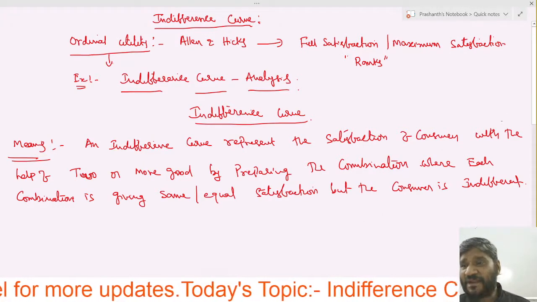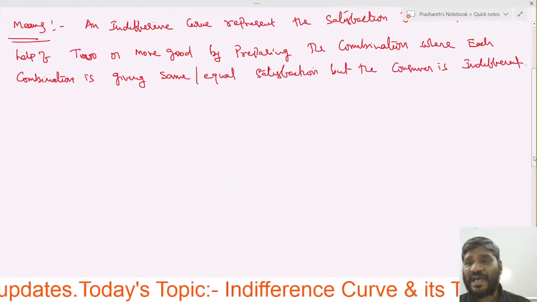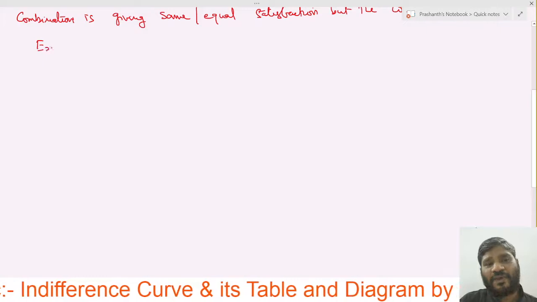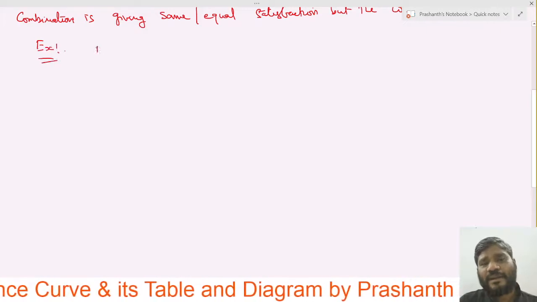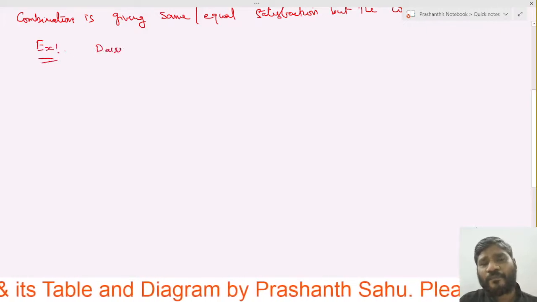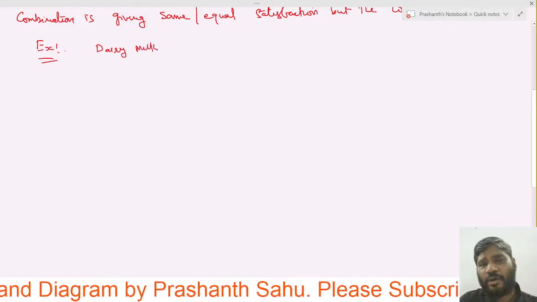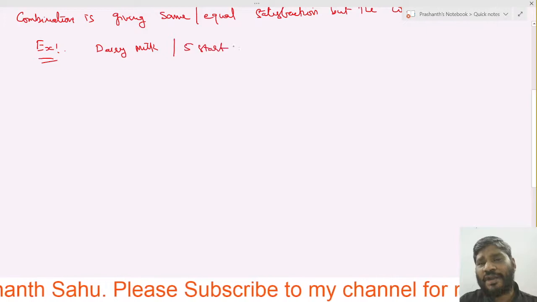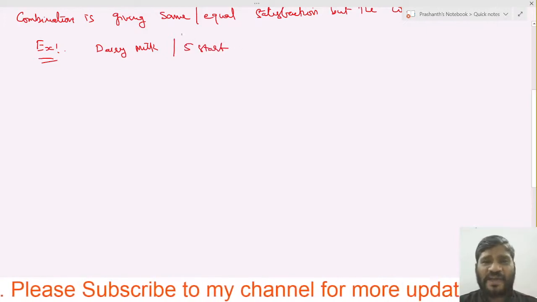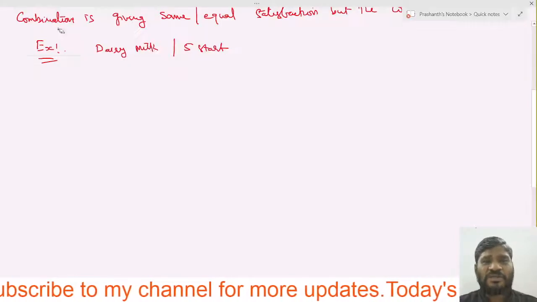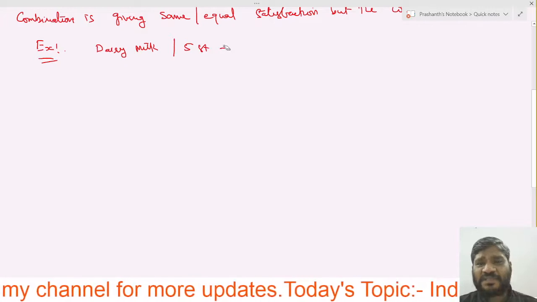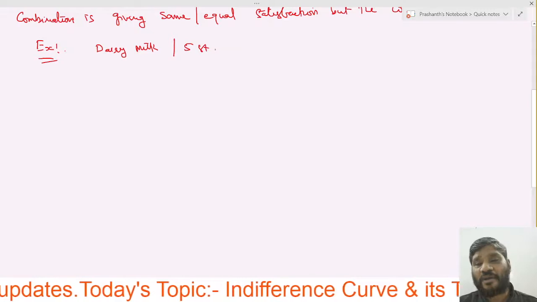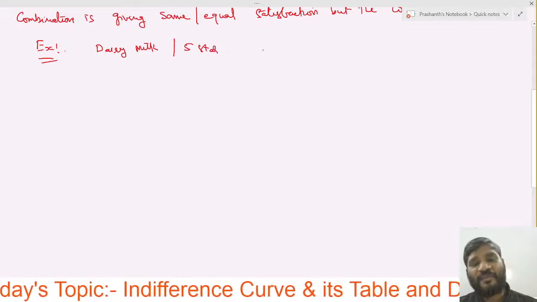You will understand with the help of one example. For example, dairy milk and 5-star chocolate, two goods preferred by the consumer.